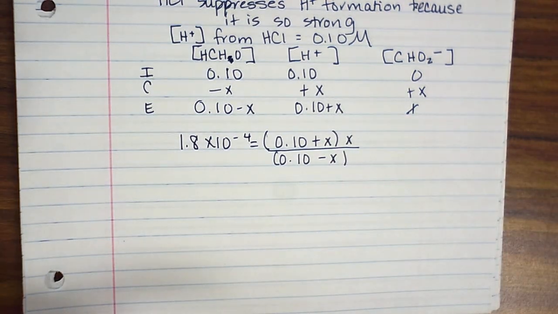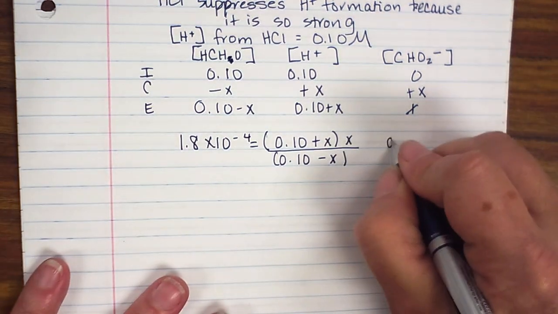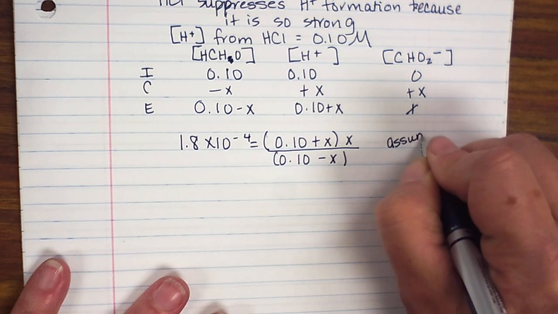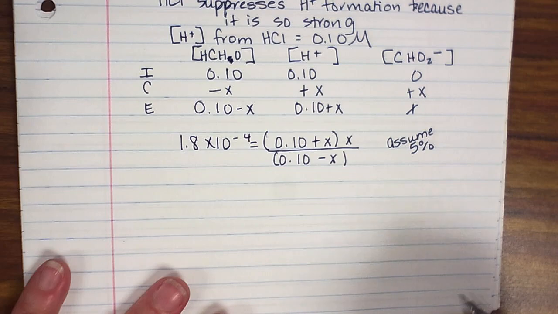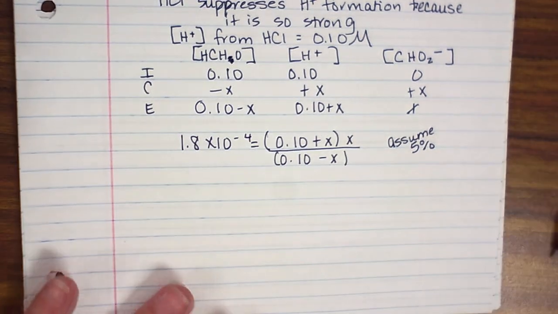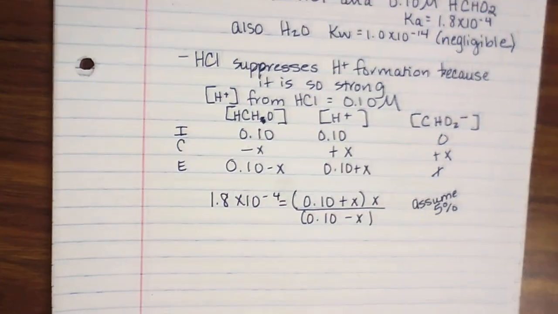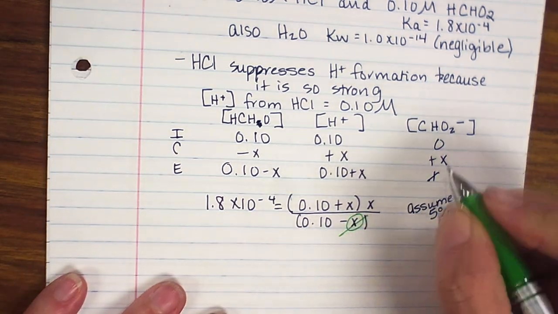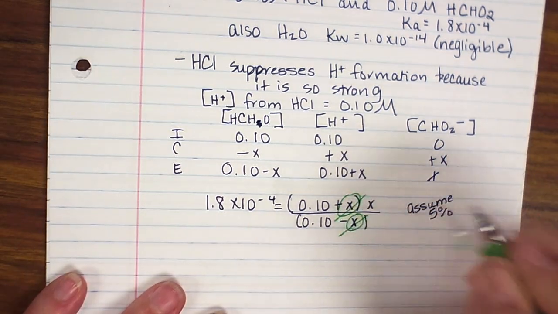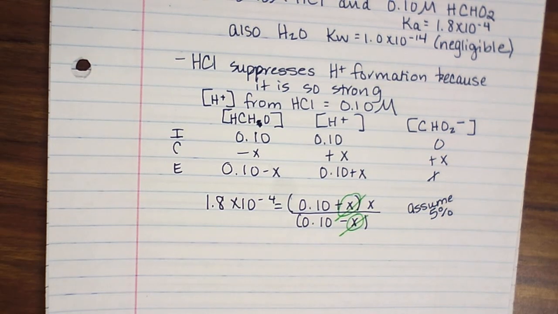Now I'm going to assume my 5%. And when I do that, I can cancel this one, and I can cancel this one. Now, I can't cancel the multiplication one because when we multiply, it makes a big difference.